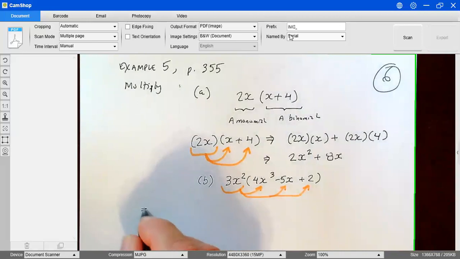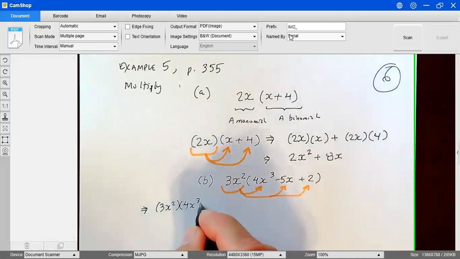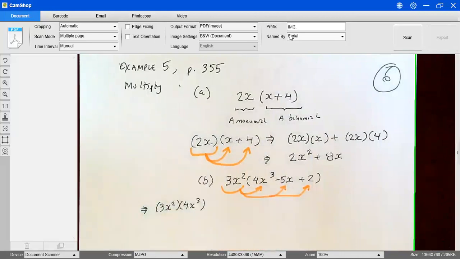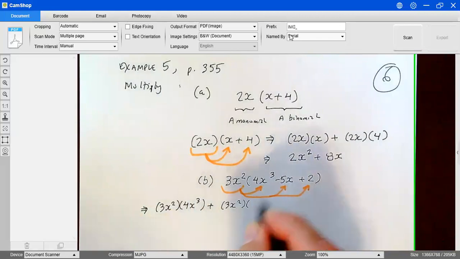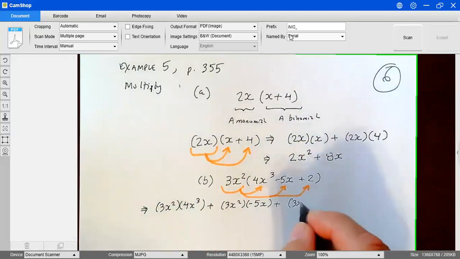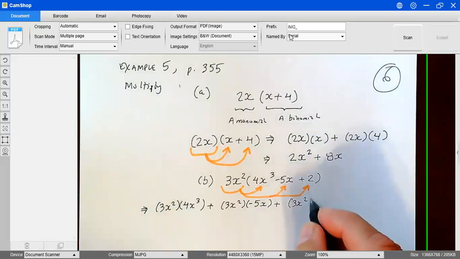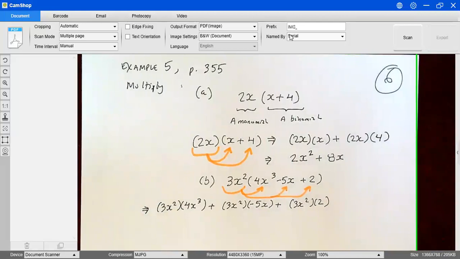So we have 3x squared that multiplies 4x cubed. Then again, 3x squared now multiplying minus 5x, and then 3x squared multiplying 2. So we apply the distributive property.